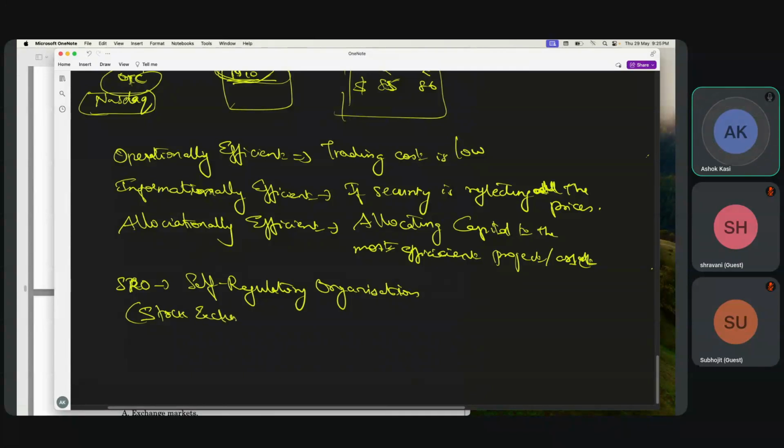They are self-regulatory, that means they themselves will regulate their brokers, because SEBI cannot keep doing everything, right? So they give some work to other institutions also. They are making them independent: you regulate, but these are the conditions you should stick to while regulating.